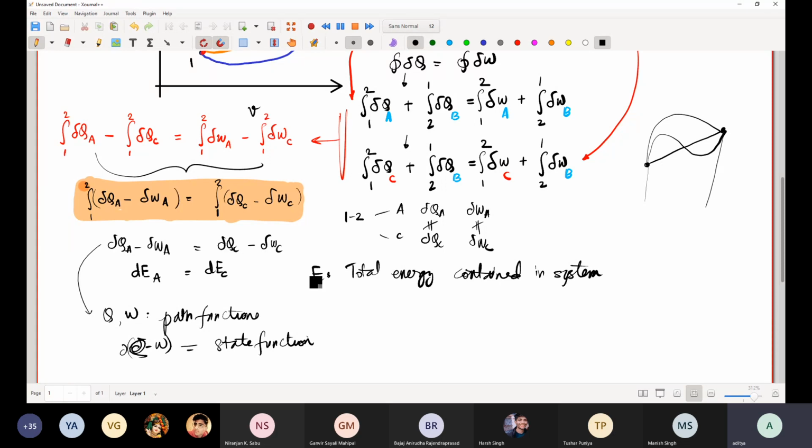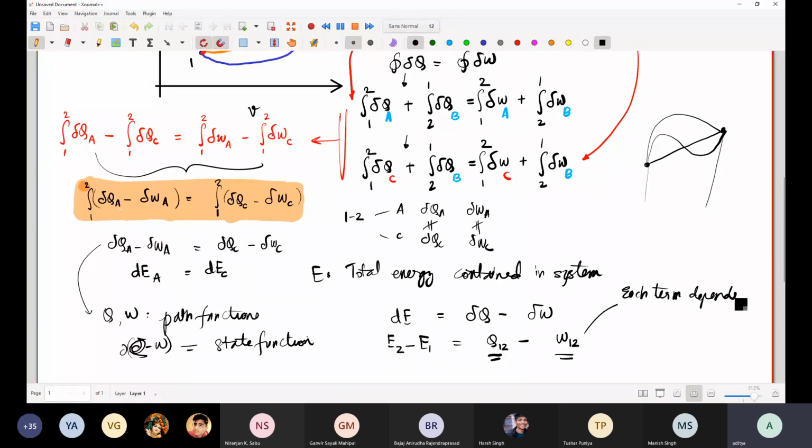Okay. So essentially we can then write dE is equal to del Q minus del W, or equivalently E2 minus E1 is equal to Q in going from 1 to 2 minus W in going from 1 to 2, where well, this will not be del anymore, where each term individually depends on the path.